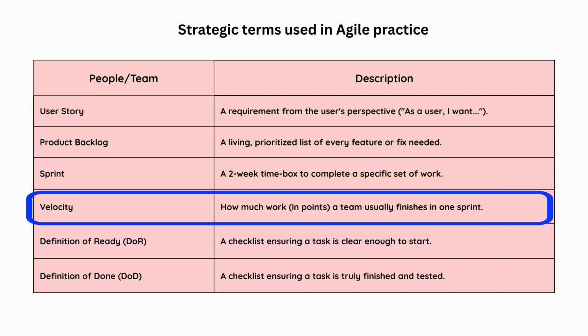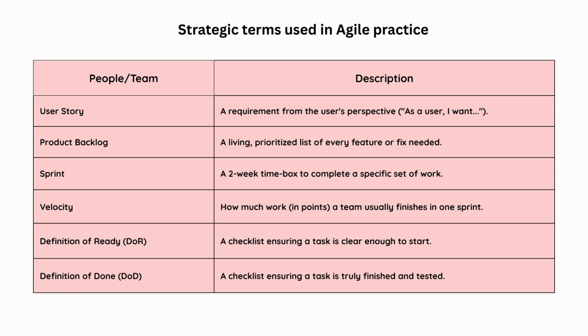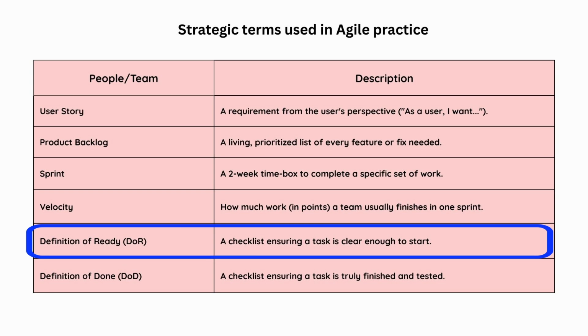Velocity, a measure of how much work the team usually completes in a sprint. Velocity is tracked by the Scrum Master and development team to help with planning and forecasting. Definition of ready, DoR, a checklist to ensure a task is clear, well-defined, and actionable before work begins.